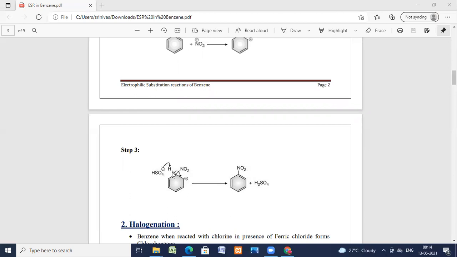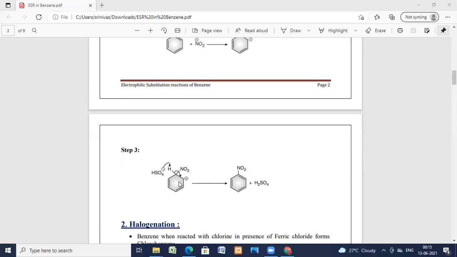So the final product nitrobenzene is formed. The reaction is completed by abstraction of the proton from the carbon atom bearing the electrophile by an anionic species. So the formation of the product we can see. That is the substituted product nitrobenzene.